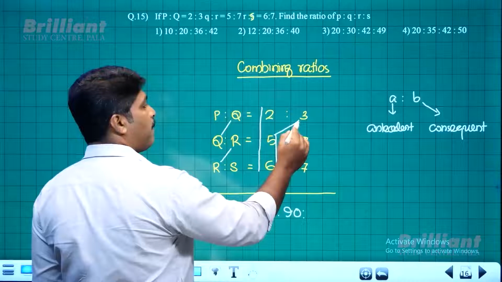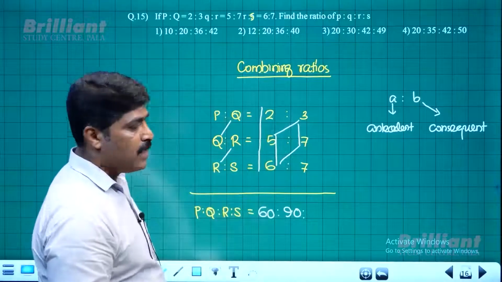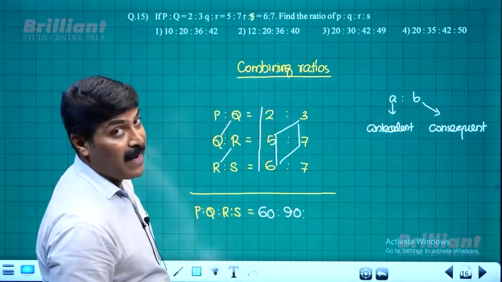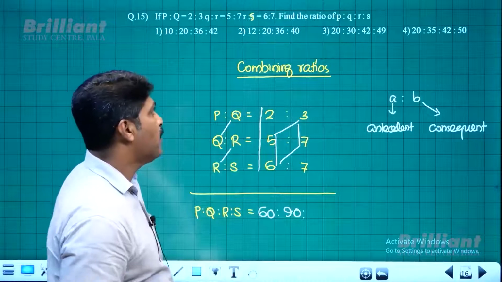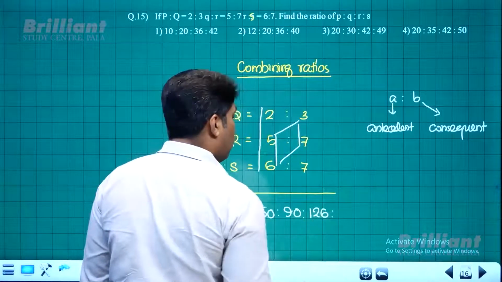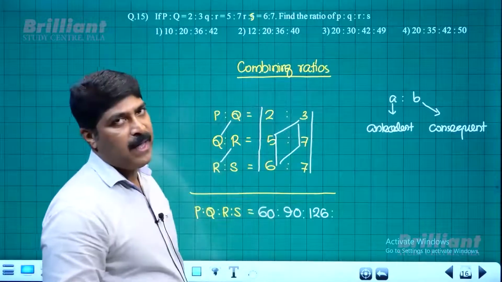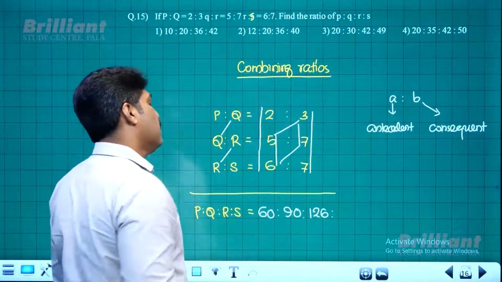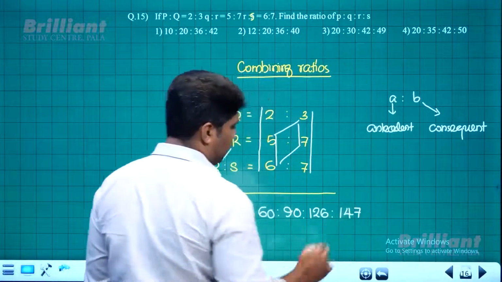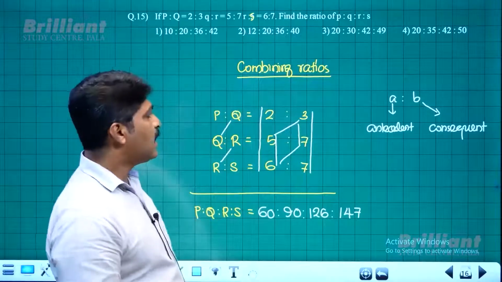The next one, 3 into 7 into 6. Got it? So what is the product here? 3 into 7 is 21, 21 into 6 is equal to 126. And finally, 3 into 7 into 7, 21 into 7. So what is the value here? That is 147. While observing these values, we know that 3 is a common factor.